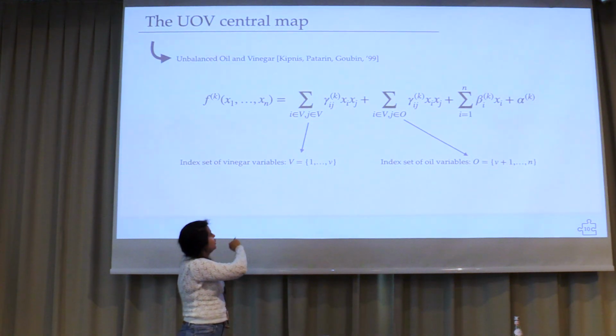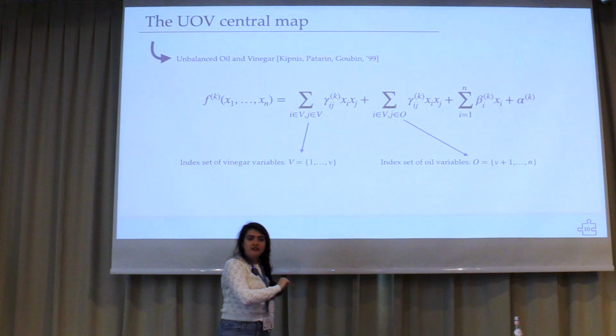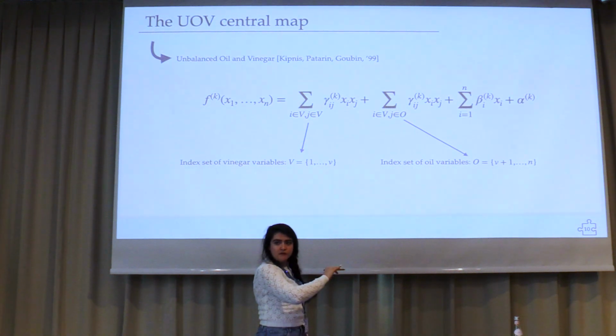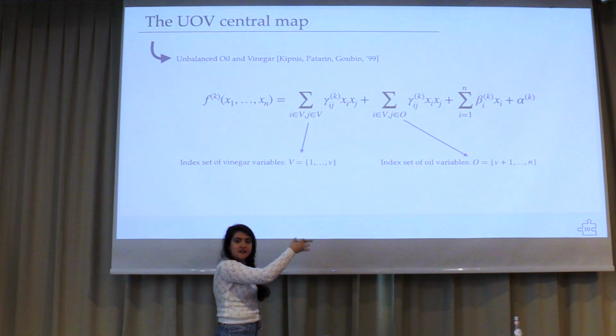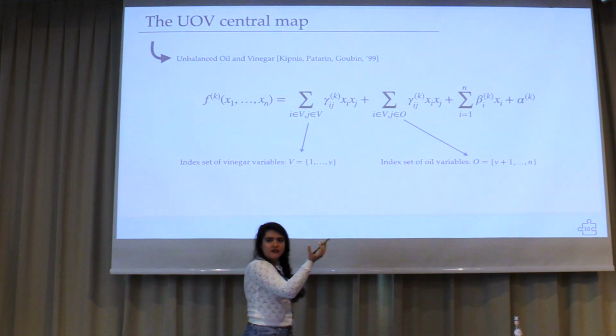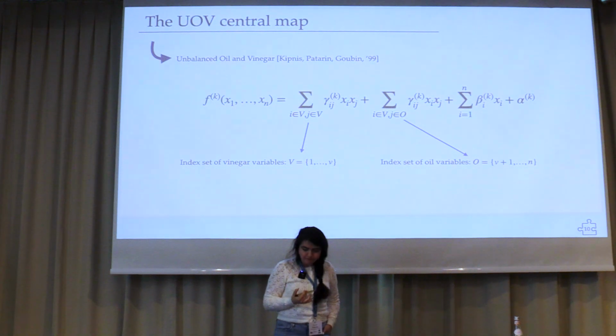You also have quadratic monomials that contain one vinegar and one oil variable, and that's it. You can have some linear terms, but in terms of quadratic monomials, you do not have monomials that contain two variables that are both oil. That's why we say oil doesn't mix with oil.